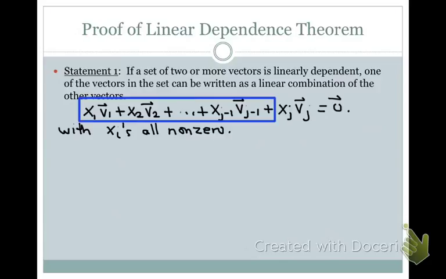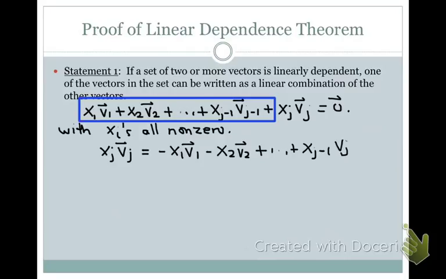If I do that, I get the following. xj vj is equal to minus x1 v1 minus x2 v2 all the way up to xj minus 1 vj minus 1. Now all I need to do is divide by the value xj on both sides, because of course we know that xj is a non-zero element, and that's what we needed.